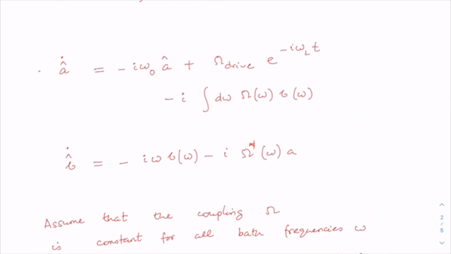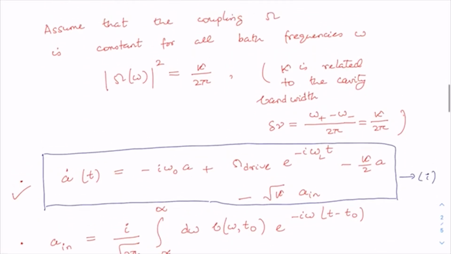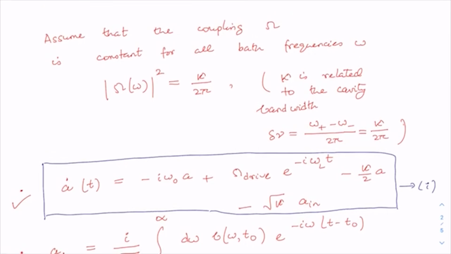Putting this Bath solution into the Heisenberg equation for the optical mode, we got this equation first. We have also taken the coupling between the Bath oscillator and the optical mode to be constant for all Bath frequencies, and we have taken this coupling parameter to be like this, where kappa is related to the cavity bandwidth.